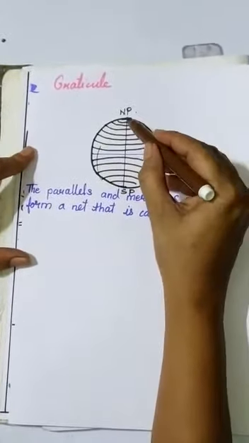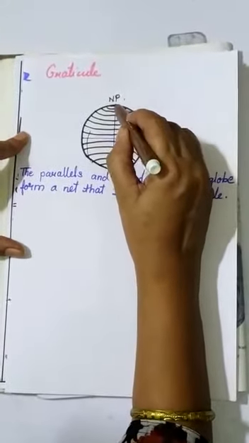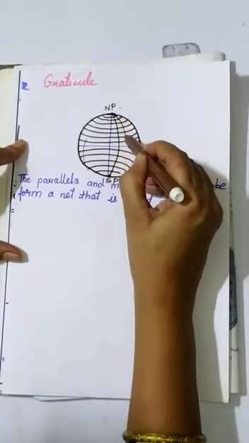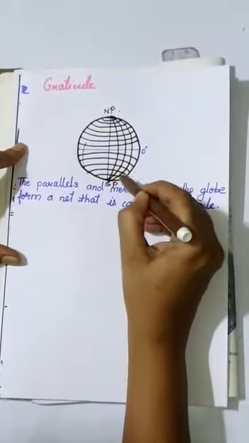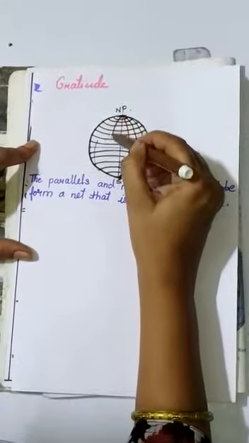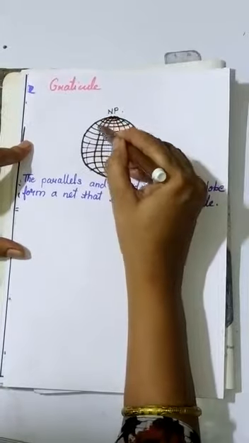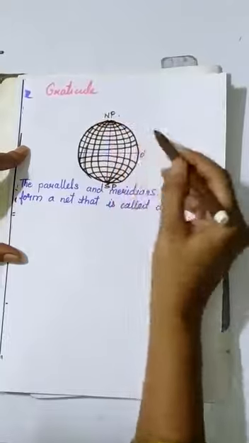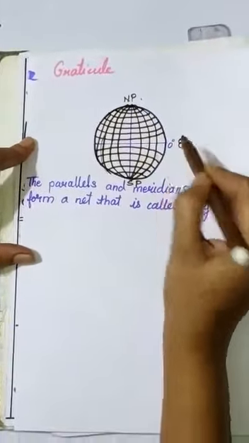Now we are going to learn about meridians of longitudes. They are semicircular lines which are equal in size. Now this part has divided the earth over here into eastern hemisphere and western hemisphere.